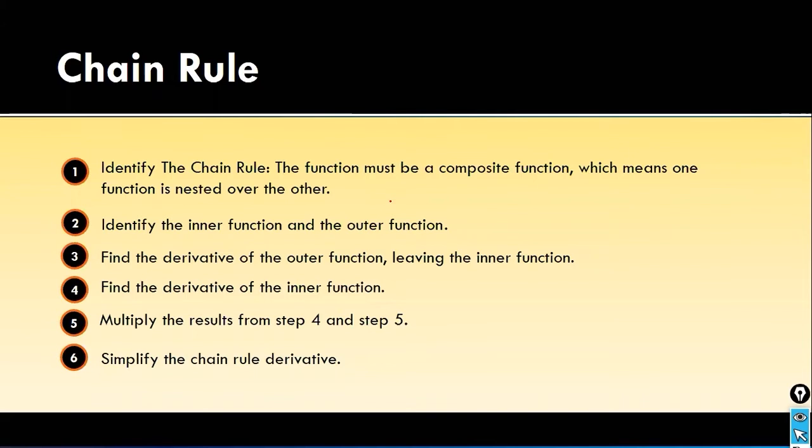The chain rule tells us how to find the derivative of a composite function, which means one function is nested over the other. The second point is you need to identify the inner function and the outer function. It works something like this. For example, I want to find out dou y by dou x, which is nothing but finding a derivative.